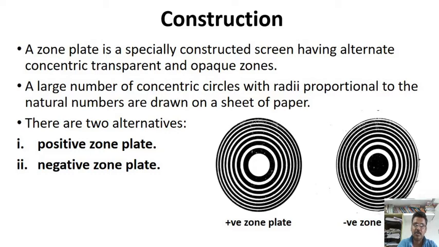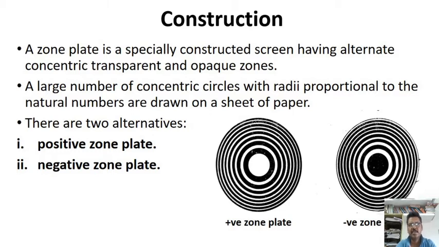Here we are going to construct a positive zone plate and also a negative zone plate. What construction instruments are required? Let us see one by one. A zone plate is a specially constructed screen having alternate concentric transparent and opaque zones.